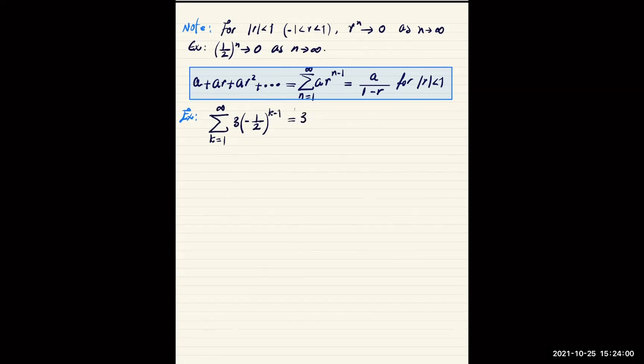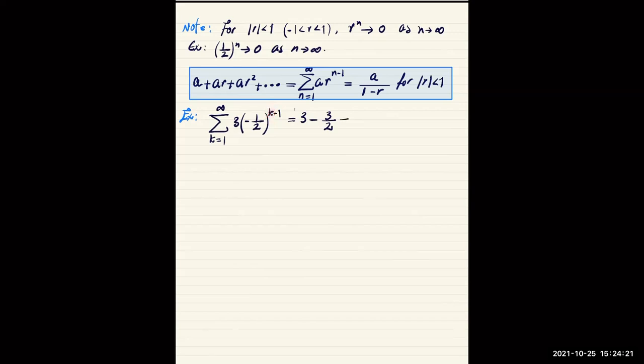Okay, second term is when you plug 2 for k, you get negative 1/2 to the power of 1. That gives us a minus 3 over 2. Okay, if you plug k equal to 3, you get negative 1/2 to the power of 2.